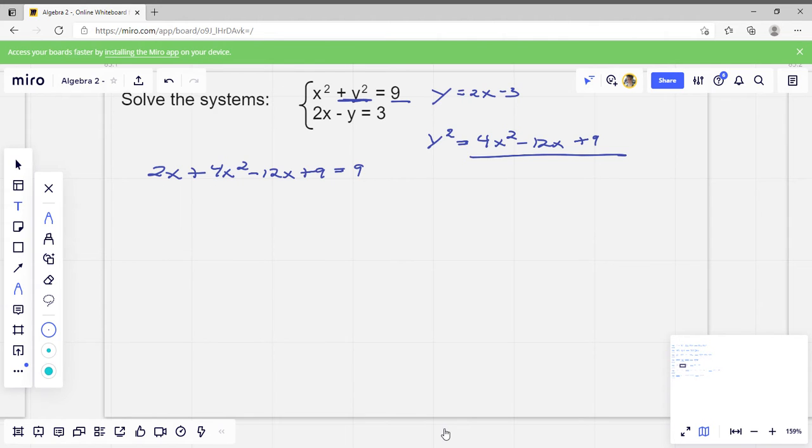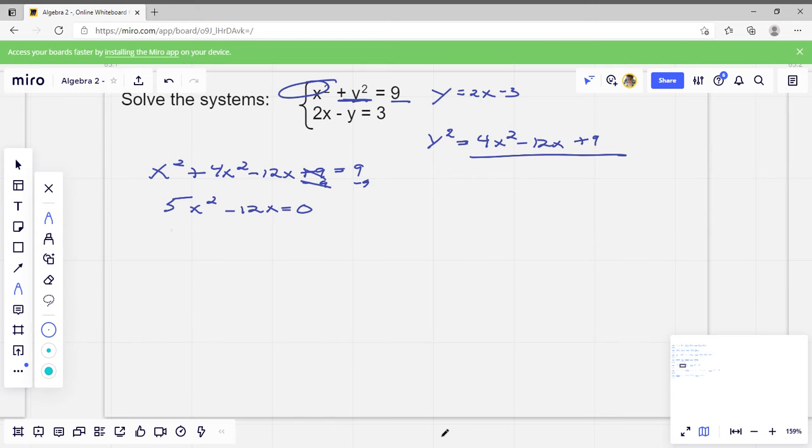Whoops, that wouldn't be 2x squared, that's just x squared. There we go. So I would have 5x squared minus 12x, and now if I do minus 9, I would end up with equals 0. See how those cancel off.